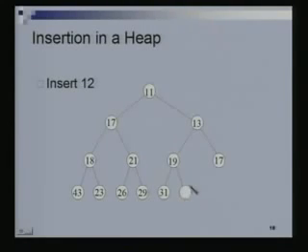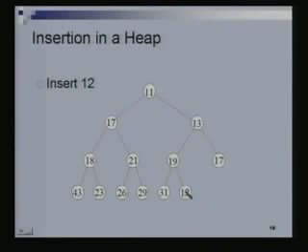I would first create a node here, and let me now put 12 into it. Of course, structurally this does satisfy the structural property of a heap, but it is not a heap because it violates the heap property. This node should have lesser priority than its two children. It does not. It has higher priority than this child. So, we need to take care of that.